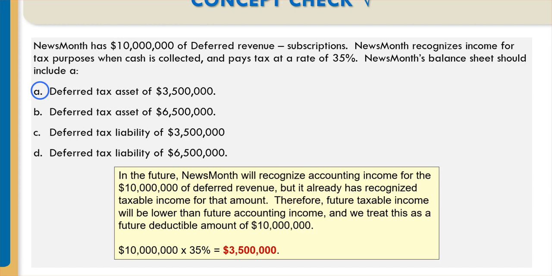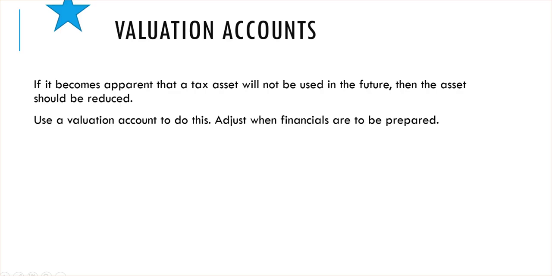And the taxable amount in this year is 10. So we'd be 0 something to get to 10 million. And it's going to be a plus 10 million. But now you have a deferred tax asset. You don't know the amount of the deferred tax asset, and the deferred tax asset is the appropriate tax rate times the 10 million, and it's 3.5. So that's the way you work it through.